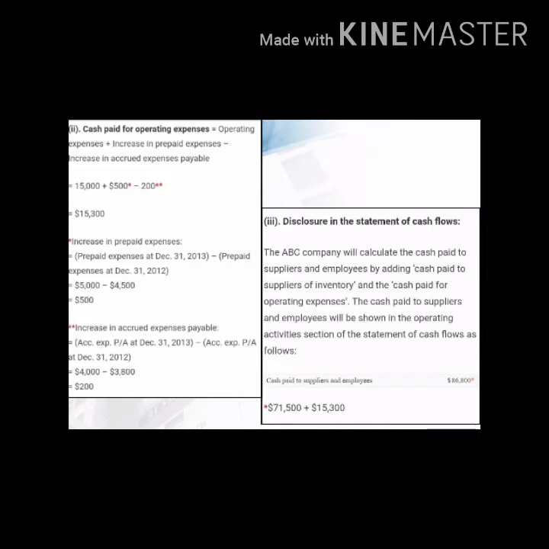So the ending period, which has $5,000, minus the beginning period, which has $4,500, so $5,000 minus $4,500 is equal to $500. And next, minus the increase in accrued expenses payable, which has $200.